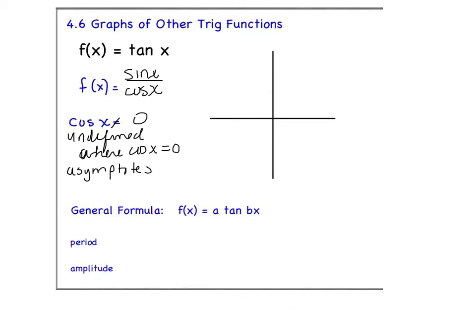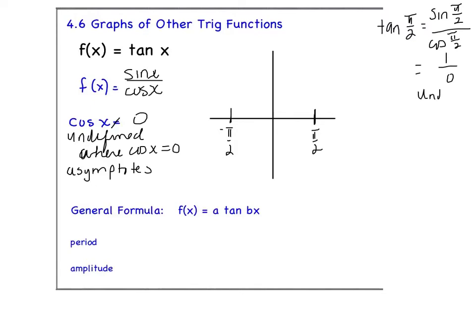All right? So if I draw this out, this is going to be pi over 2, and this over here will be negative pi over 2. And if I think about what is the tangent of pi over 2, well, the tangent is the sine of pi over 2 over the cosine of pi over 2, which is going to be 1 over 0, which is undefined.